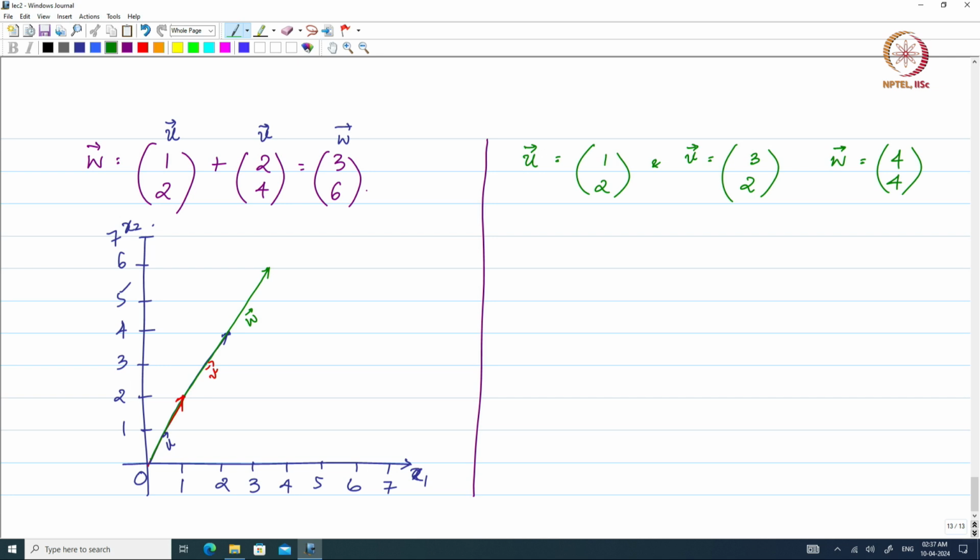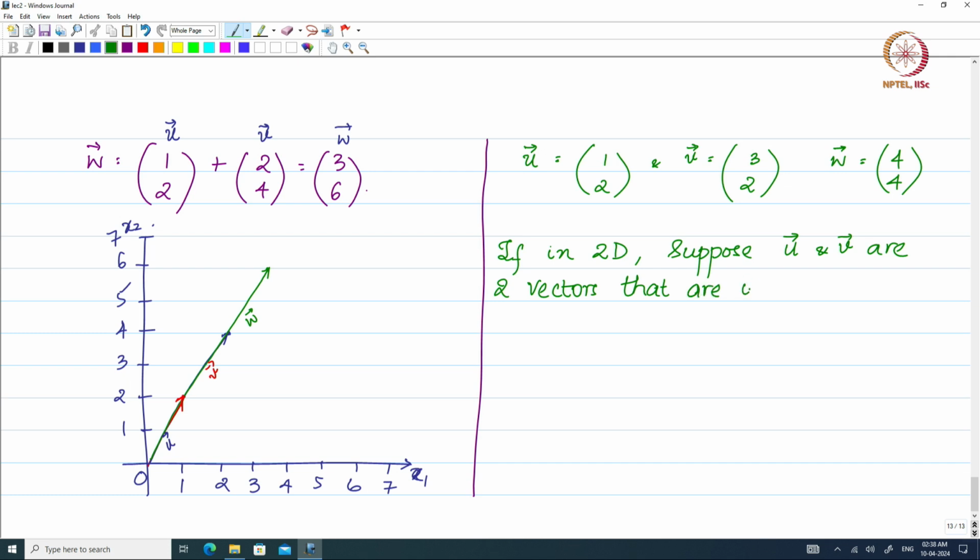Now what is it that we get out of this? Why are we even worried about this parallelogram stuff? What is interesting is, in 2D, that means I have only vectors which are two component vectors, suppose u and v are two vectors that are in the same direction.